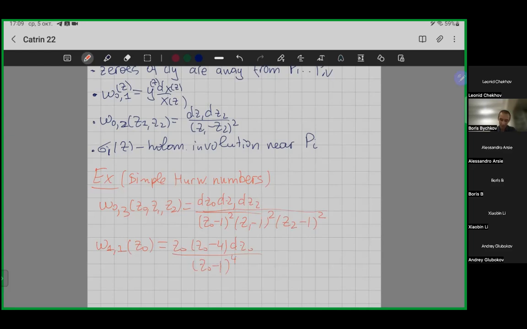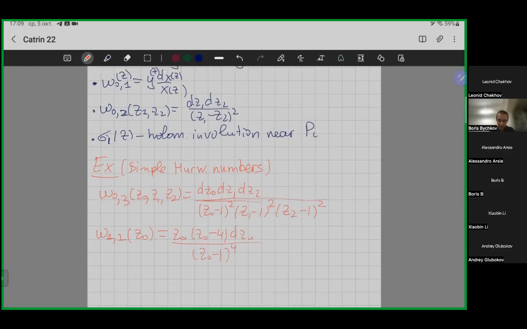You see in these two examples that these forms have poles only at the critical point P1, the point z equal to 1, which is a zero of dx over x.